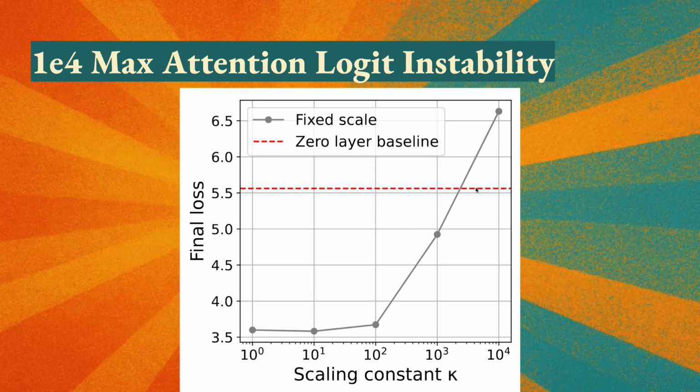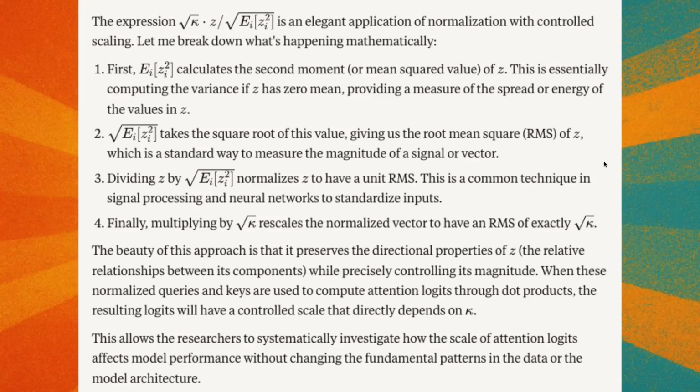This dotted line is their zero layer model baseline for loss. And when you hit this 10,000 value for attention logit is when you cross this baseline loss and get worse than that. So there is something about this value of 10,000 that seems to be the threshold for this instability. I'll walk through a couple of explanations that Claude provided.